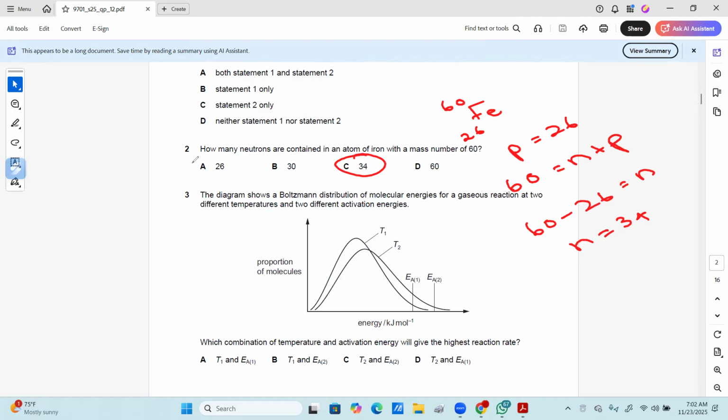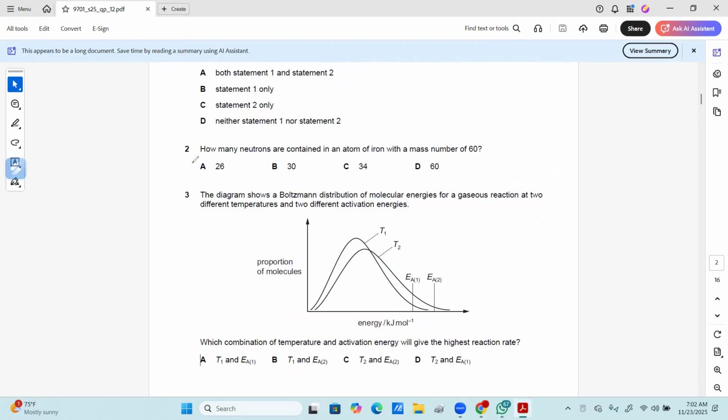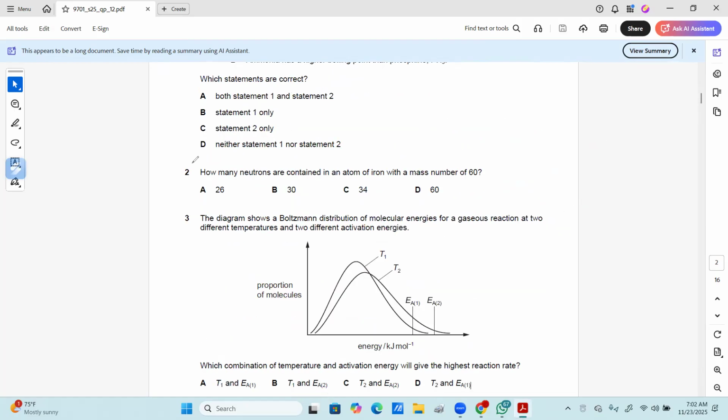Then children, if I do the third one, this is the Boltzmann distribution curve. It shows how molecules behave in a closed system, right? So normally some atoms or molecules can have high speed, some have low speeds, but the majority will have an average speed.